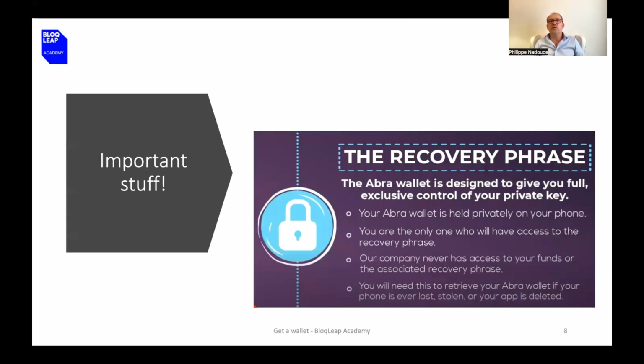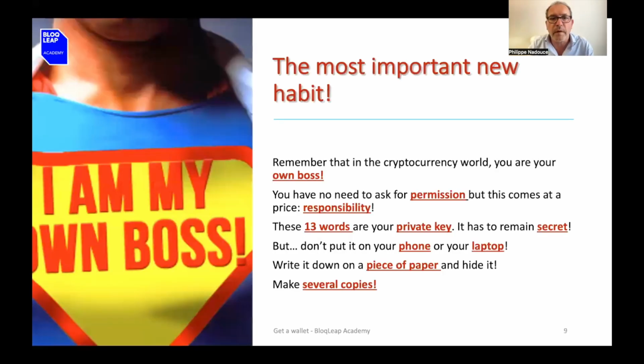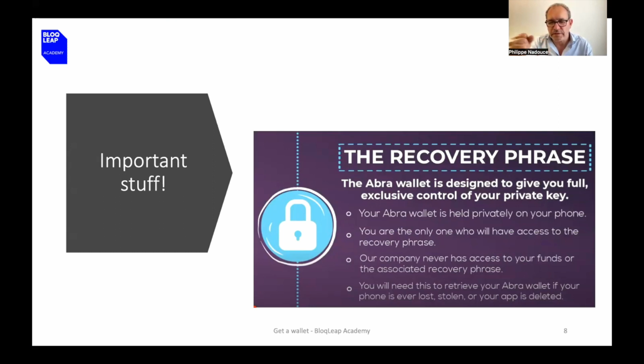Normally the app will ask you to rewrite the phrase to make sure you wrote the right words. This is very good because you've got this capacity with your phone to re-enter everything you wrote down on a piece of paper. So this is very important regarding your recovery phrase.